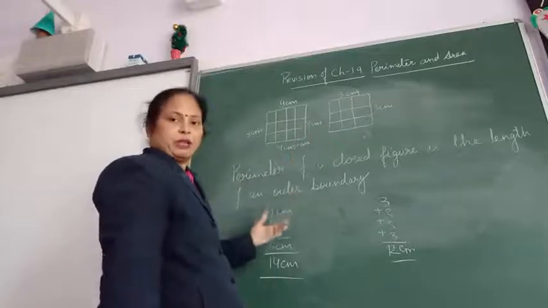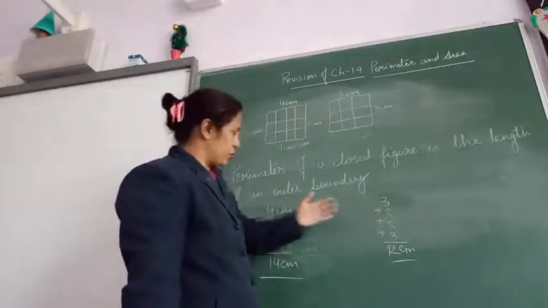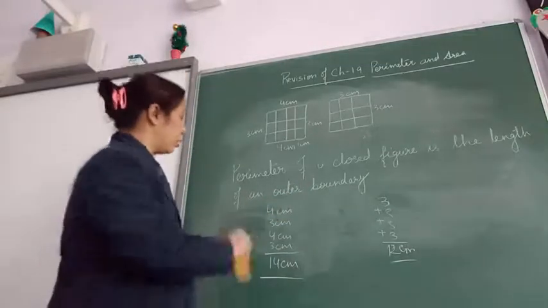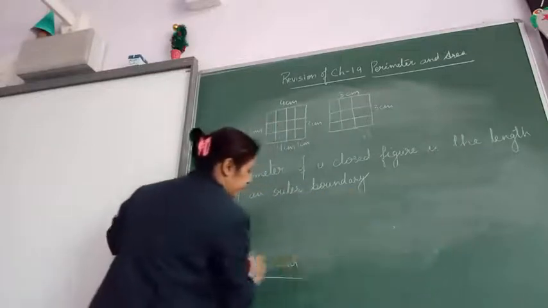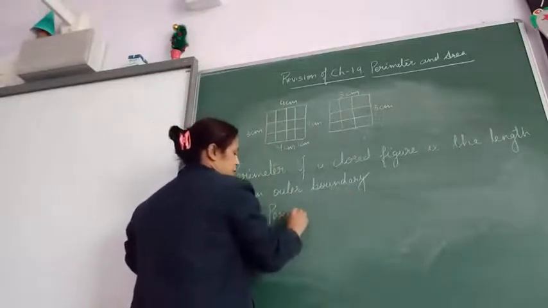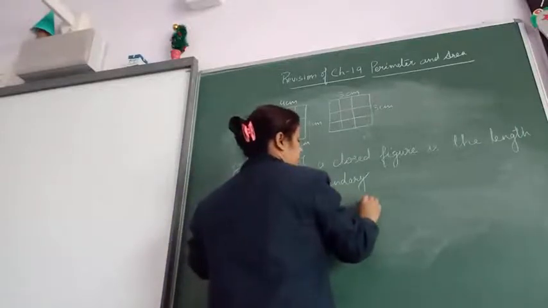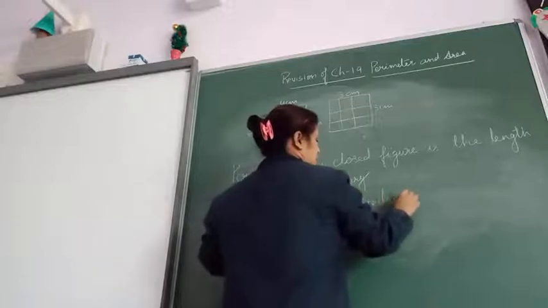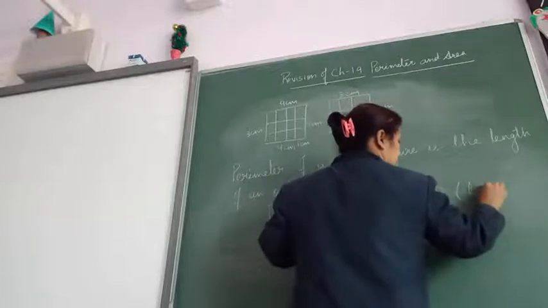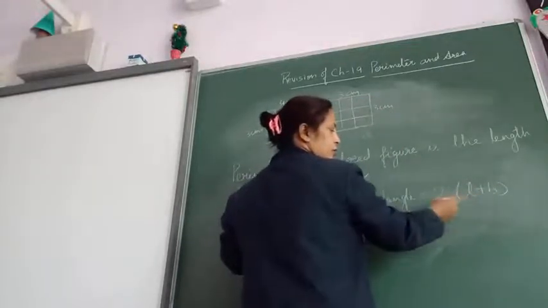So this is the perimeter of a square and this is the perimeter of a rectangle. We can give a formula also for that. How? You can see here. Perimeter of a rectangle is 2 into length plus breadth. The brackets mean you first add and then you multiply.